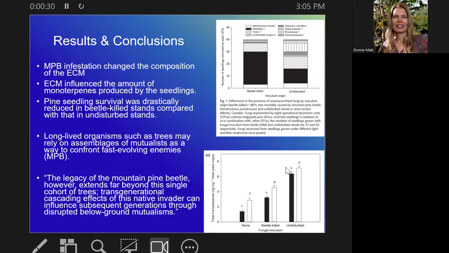Her data showed that because the mycorrhizal composition has been altered in the beetle-infested stand, it impacted the seedlings that were grown there into the next generation. You have to think about the underground in terms of what's going to happen in succeeding generations, and you can't ignore that there could have been this shift in the mycorrhizal network in particular and the impacts of that.